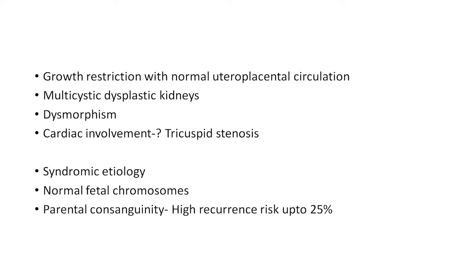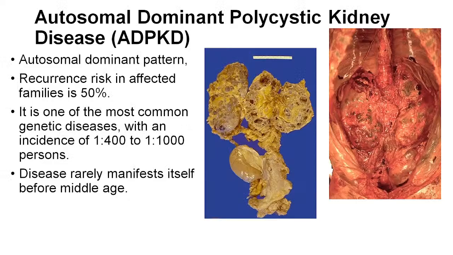They can also have syndromic etiology, normal fetal chromosomes can be seen, parental consanguinity, that is a high risk up to 25%, that is coming toward the relative risk of autosomal recessive type of inheritance pattern. Is it clear? Okay.